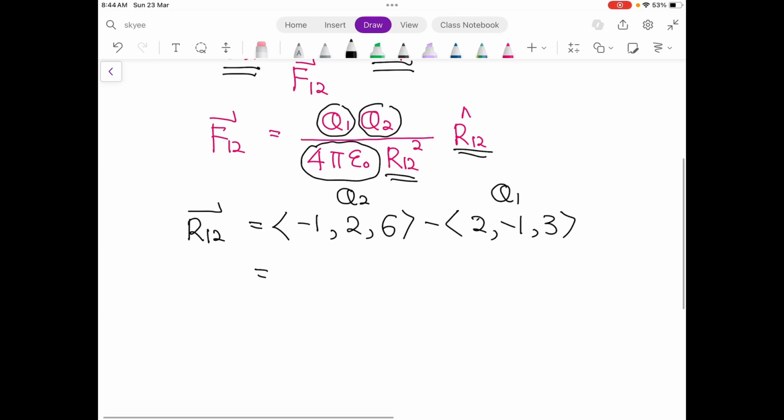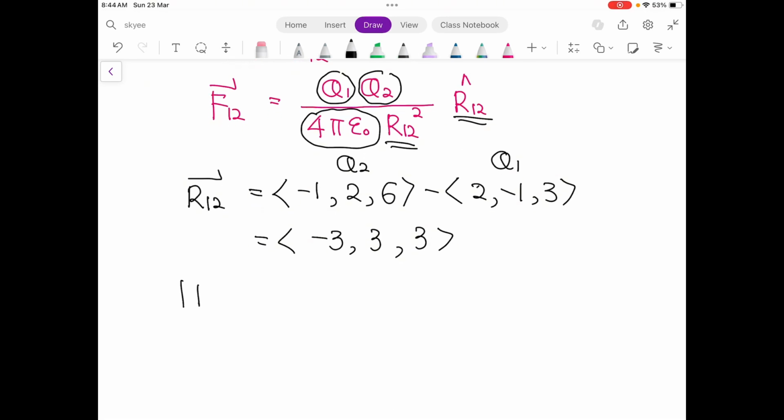So you can calculate. I'm using this bracket to represent that these are vectors. It is -3, then 2 minus -1 will be 3, and it is 3. So this is the distance vector.